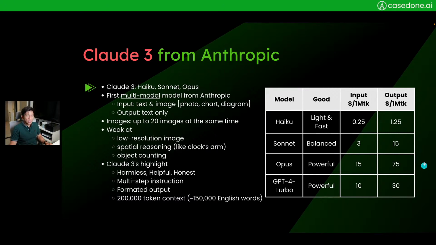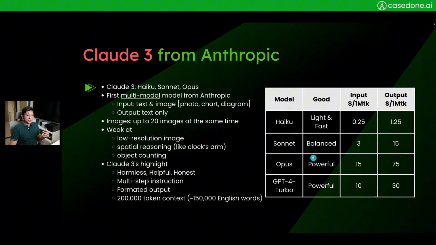So in terms of the cost for the API call, this is the table right here. The Haiku is the lightest and the fastest model, the cheapest as well. I think it's comparable to the GPT 3.5 Turbo from OpenAI.